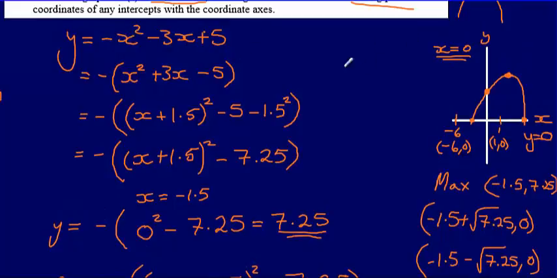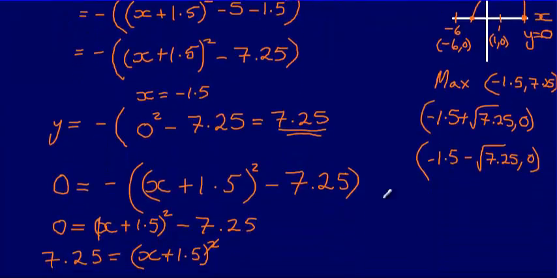So x is equal to 0, so that is going to give me y equal to 0 squared minus 3 times 0 plus 5. So that means that y is going to be equal to 5 when x is equal to 0. So all that's left for me now to do is to write that final coordinate down, which is 0, 5.